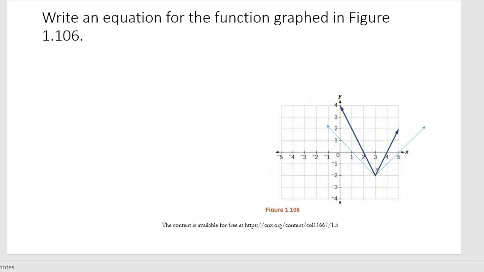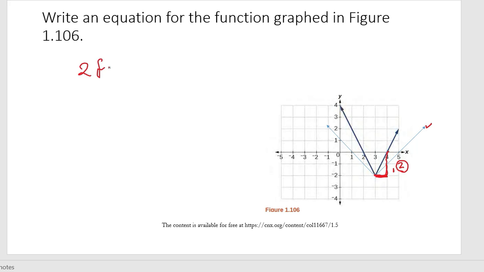So the graph was also stretched. If you go 3 to 4, in this one, y is 1 unit, but for this one, same width, it is 2 units. That means f of x was multiplied by 2.